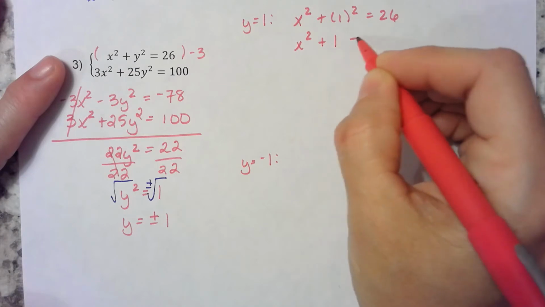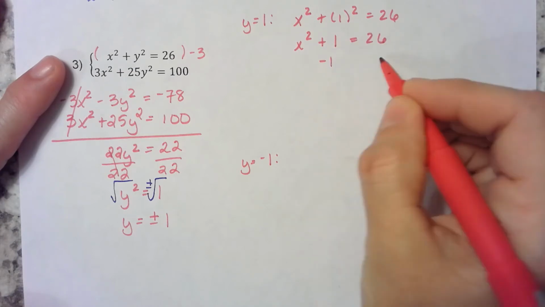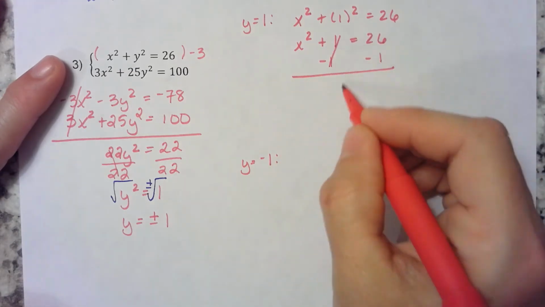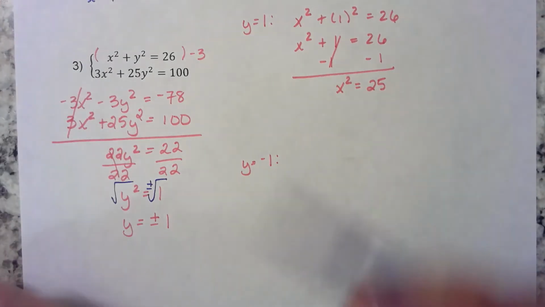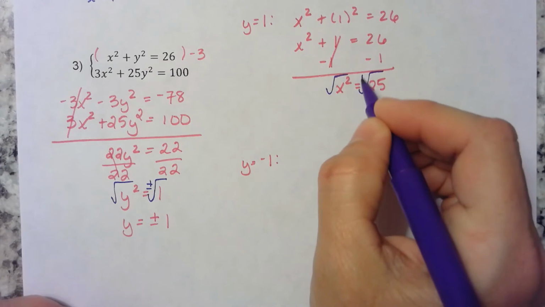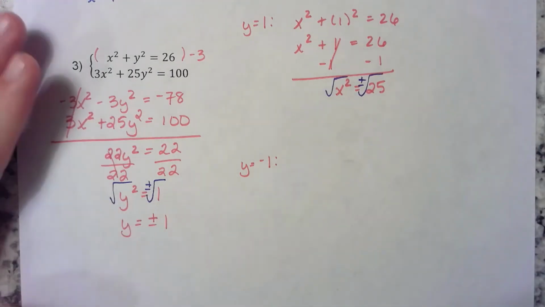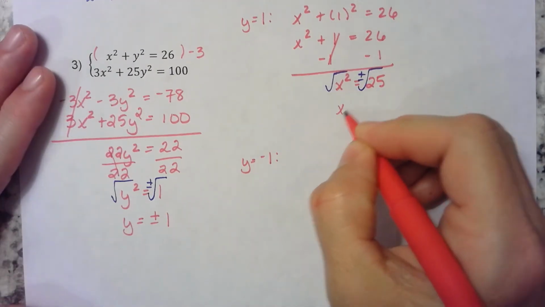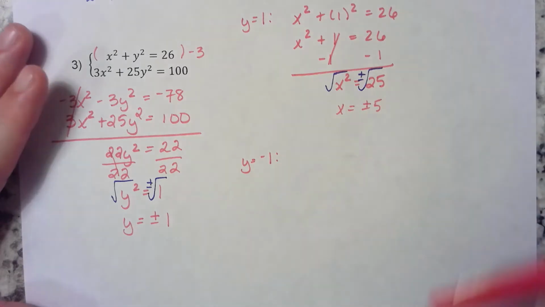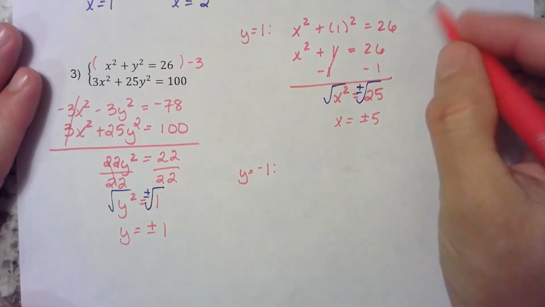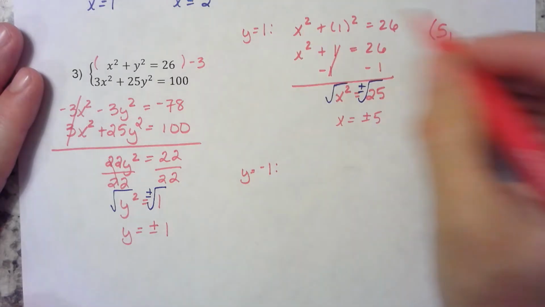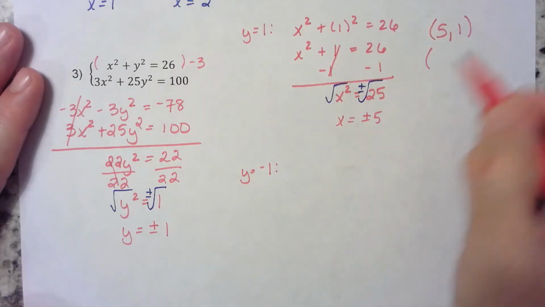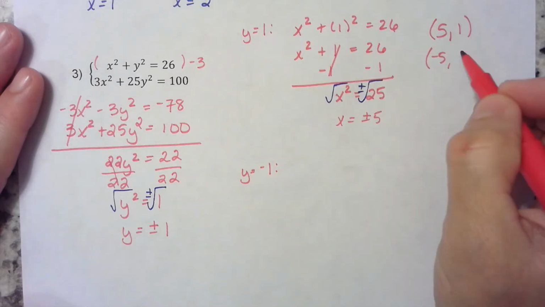So x squared is 25. Take the square root of both sides. Don't forget plus or minus. So x is equal to plus or minus 5. Well, look what we have. X is 5, y is 1. X is negative 5, y is 1. So far, we already have two solutions, and we haven't even done the second half, right?